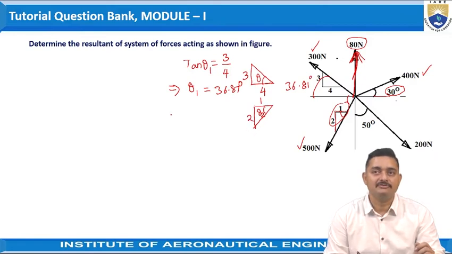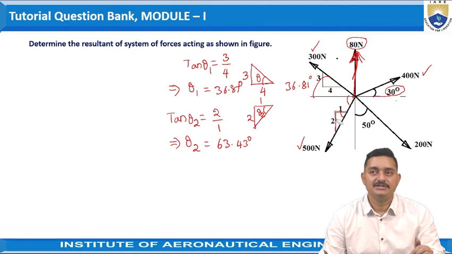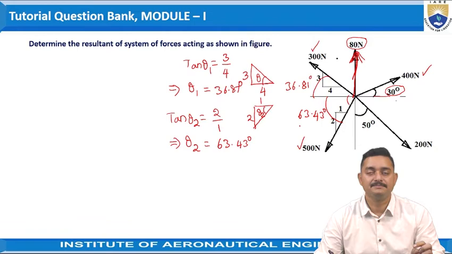So here also, if we apply tan theta 2, taking it as opposite by adjacent, it will yield theta 2 as 63.43 degrees. So this inclination of 500 newtons to the horizontal can be taken as 63.43 degrees.